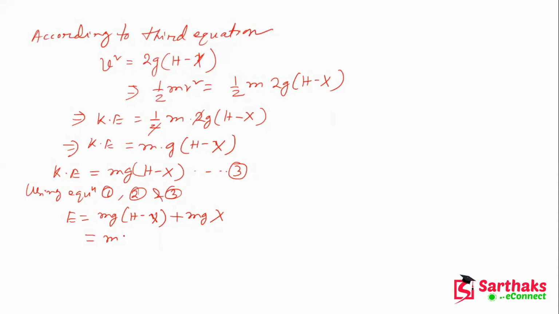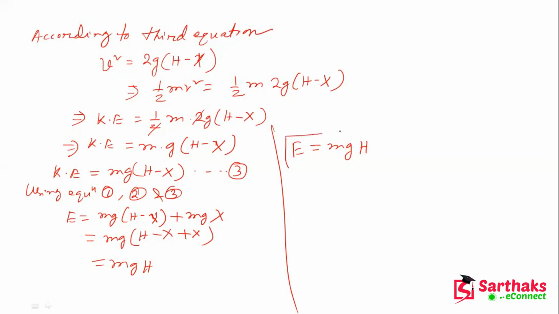If I take mg common, it is h minus x plus x, so this will be mgh. That means our energy equals mgh.